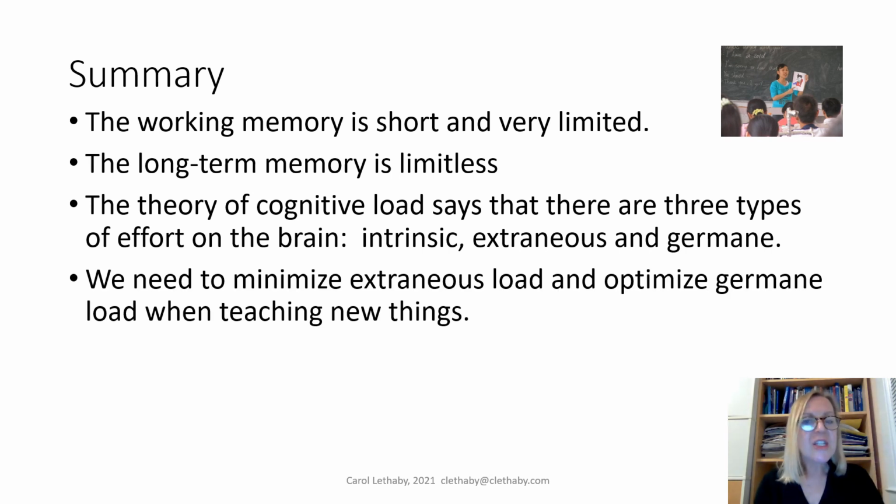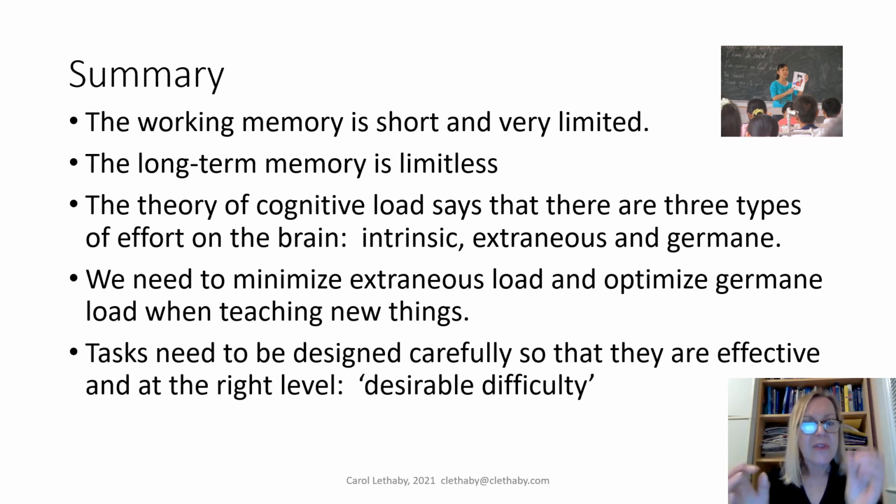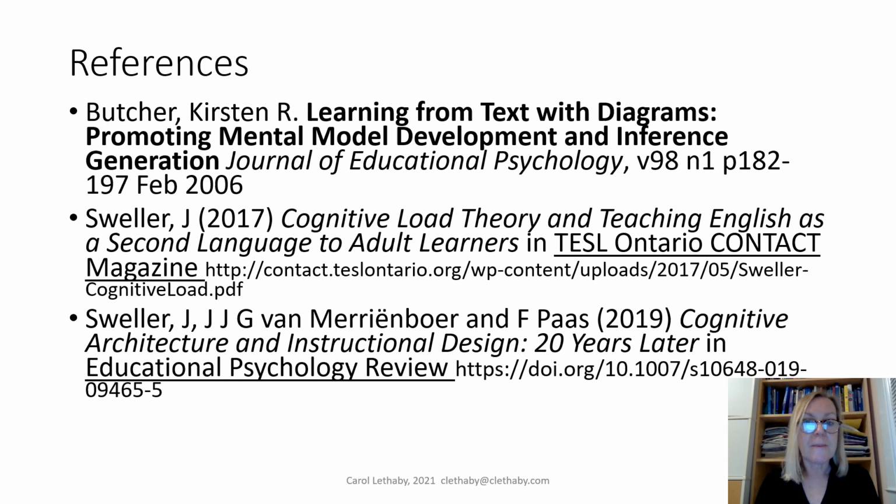What we need to do when we're teaching is minimize the extraneous cognitive load and optimize the germane load when we're teaching new things. This means tasks can be designed carefully so that they are effective and at the right level, what Bjork calls desirable difficulty. That's what we're aiming for.